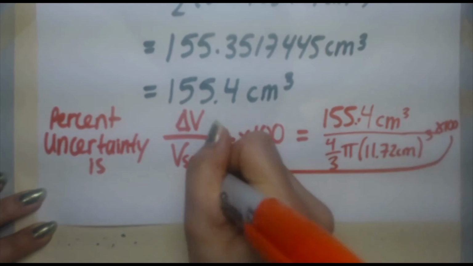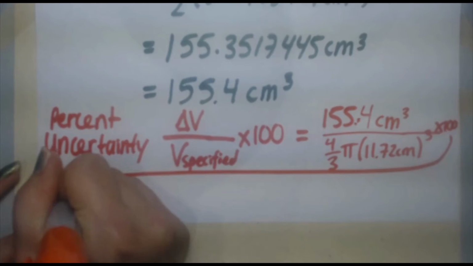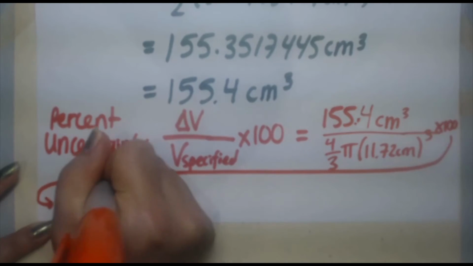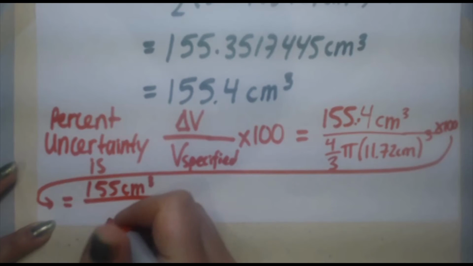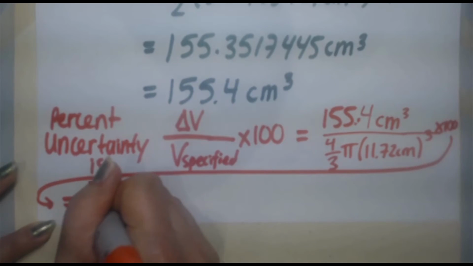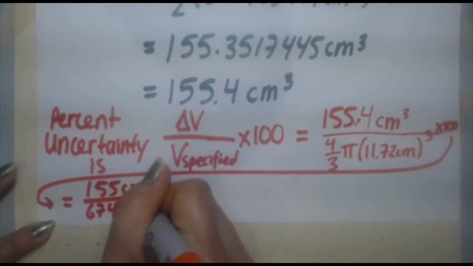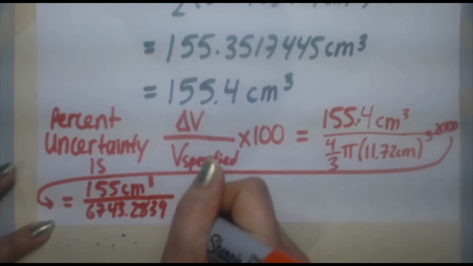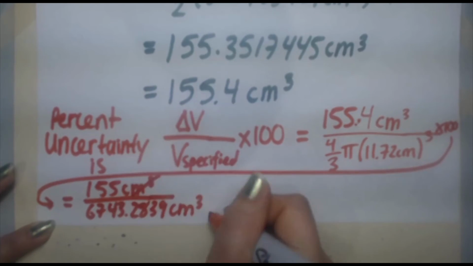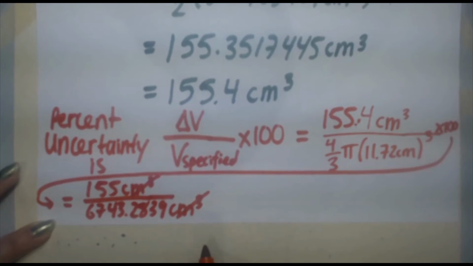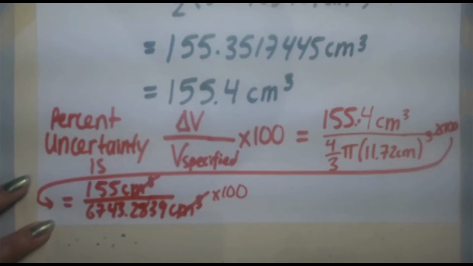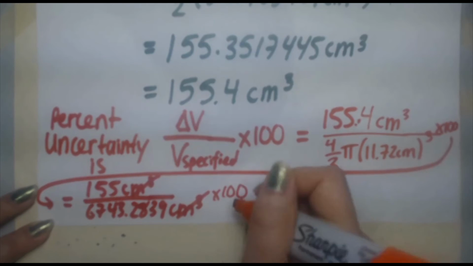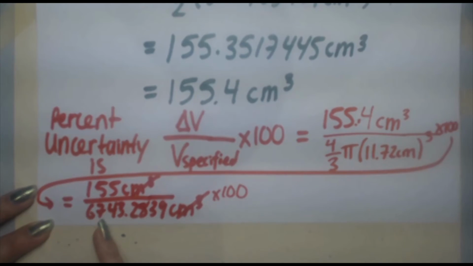If you continue this calculation, you're going to end up with 155 centimeters cubed divided by 6743.2839 centimeters cubed. Those cancel out because you got the same units on top and on bottom, times 100. If you round this value to 3 sig figs, you're going to end up with 6,740.